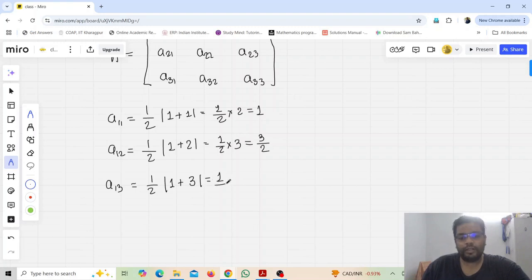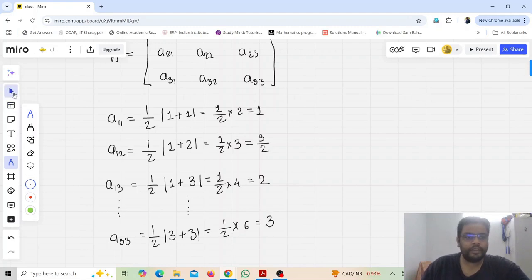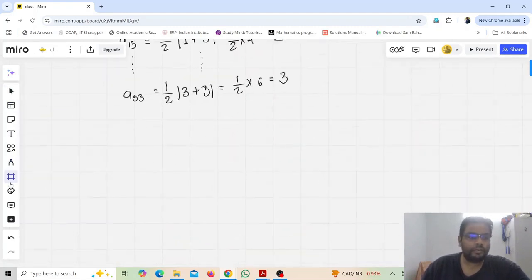So 1 by 2 times 4, which will be 2. So on, and if you keep finding all, you will find A33 is equal to 1 by 2 times i is equal to 3, j is equal to 3, which will be 1 by 2 times 6, which is equal to 3.